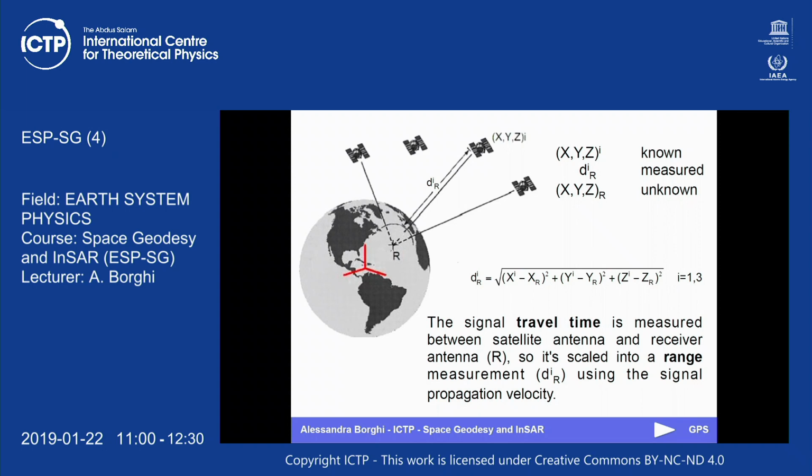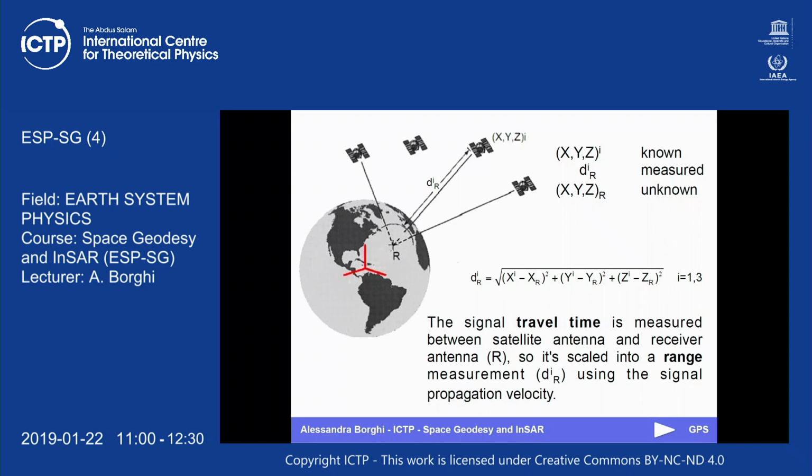In some way we can measure the travel time of the signals that start from the satellite and arrive at the receiver. And from this measure we can obtain a measure of the distance, if we suppose that we know the propagation velocity of the electromagnetic wave, of course.